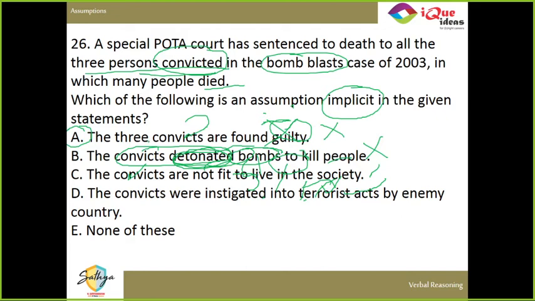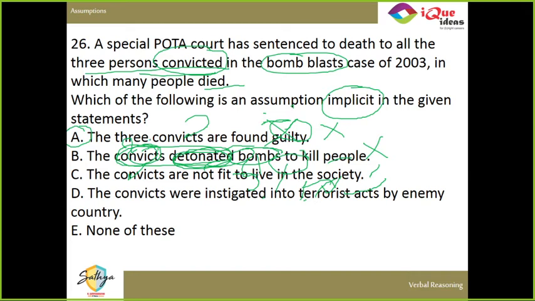Or it could have been a bomb on which someone steps and it explodes by itself. It is not necessary that it is triggered or detonated by them. So I don't know whether these convicts actually detonated the bomb themselves. Did you get that, Shubham? B is not necessarily true.